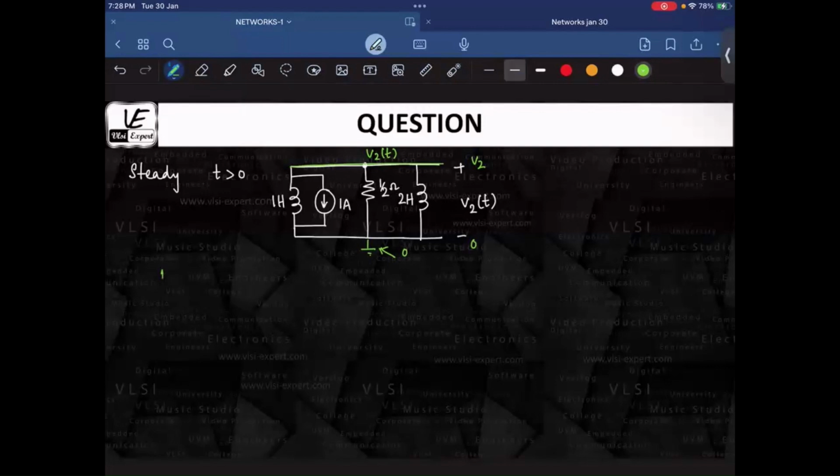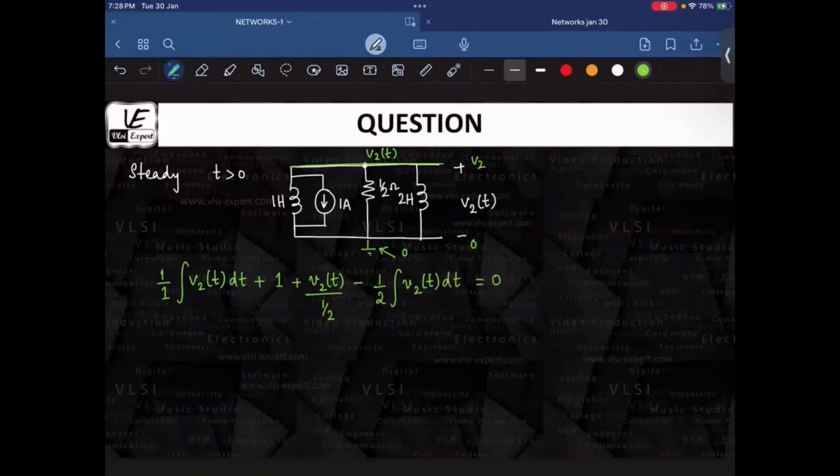So first, 1 by inductance integral V2 of t dt, plus 1 ampere, plus V2 minus 0 divided by the resistance half, minus 1 by 2 Henry integral V2 of t dt, equal to 0.